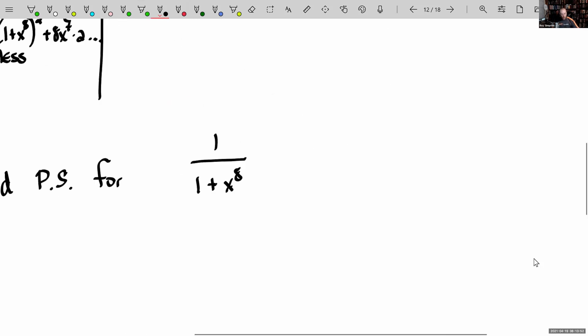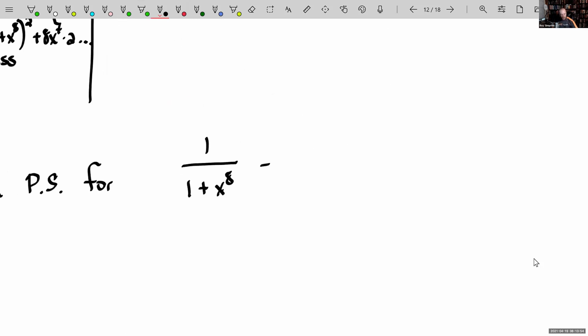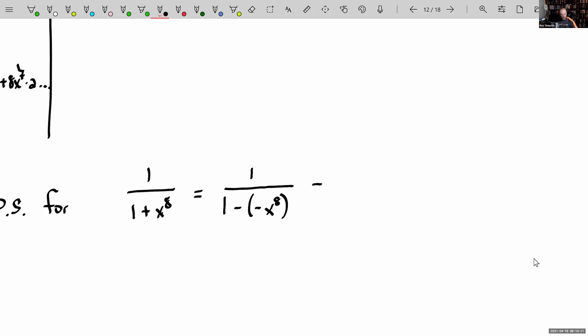Well, 1 over 1 plus x to the 8th is the same thing as 1 over 1 minus a negative x to the 8th. Remember, our goal with these power series right now is to get them in the form of 1 over 1 minus. And that is exactly what this is. So the power series for this is going to be the summation n equals 0 to infinity of (negative x to the 8th) to the nth power.